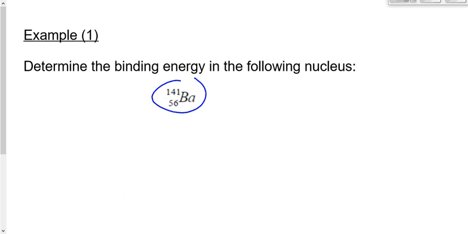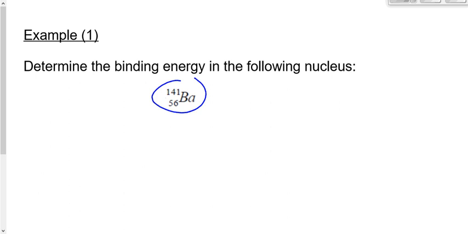Yesterday, I texted you a table with some masses, including the mass, to a high degree of precision, of protons and neutrons, and also the mass of barium-141. Please refer to that table now.